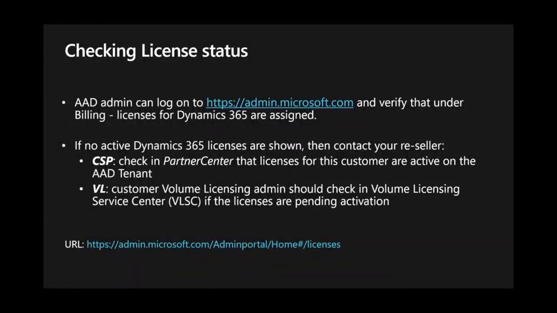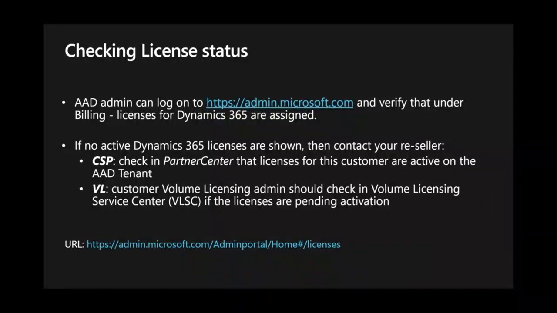How do you check your license? You bought the licenses and you want to verify them at your tenant. Or you're following the next step, which is creating the LCS project, but LCS is not creating the project for you. Something is wrong here, right? LCS is not able to find the appropriate license at the AAD tenant which you use to log into LCS.